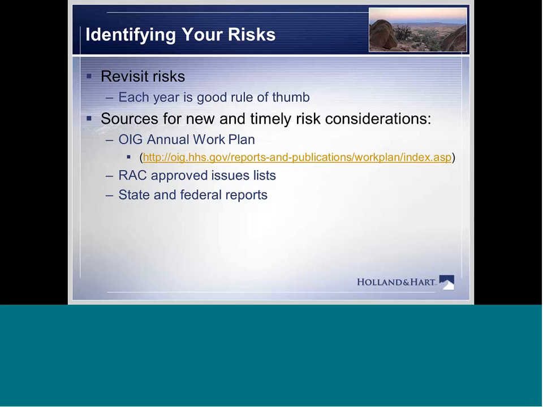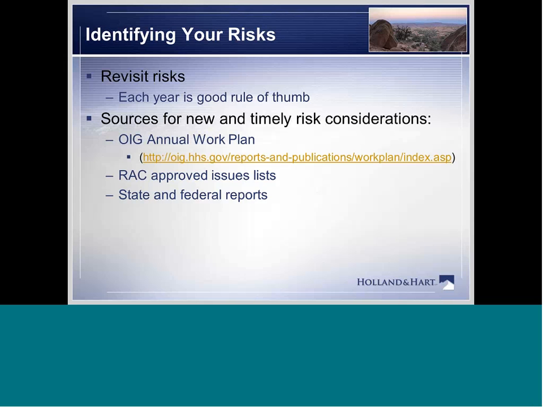So if the OIG has indicated that year that coding or specific areas of coding are a focus for them, that's probably a good focus for you as well if that's applicable to your organization. So it's a good heads up as to where the government is going to be looking, and as a result, where you want to make sure you're as compliant and clean as possible in case the government comes knocking at your door.